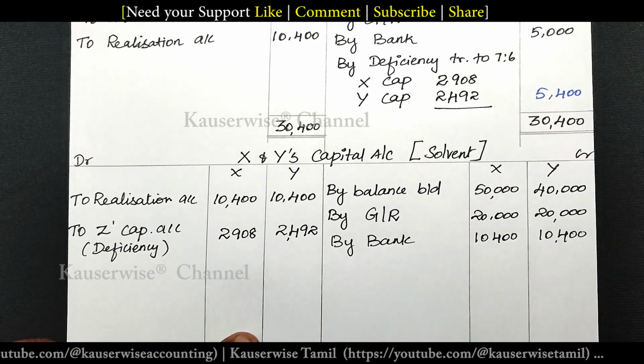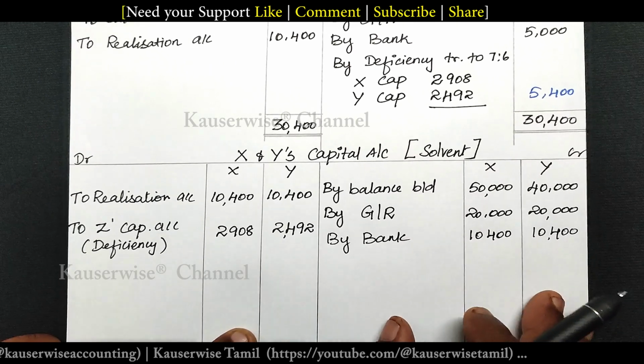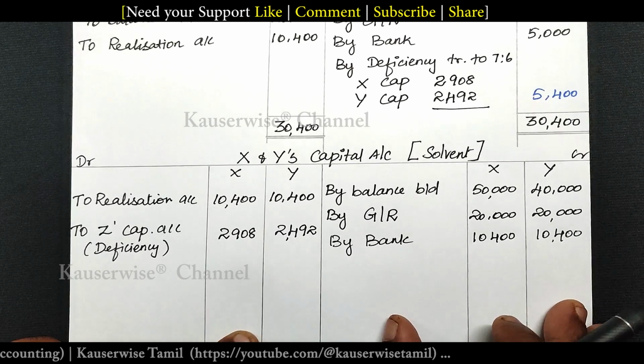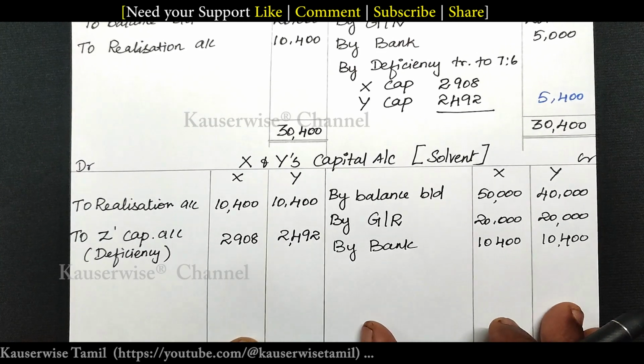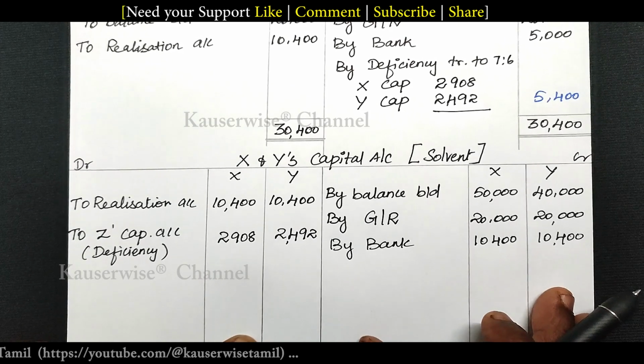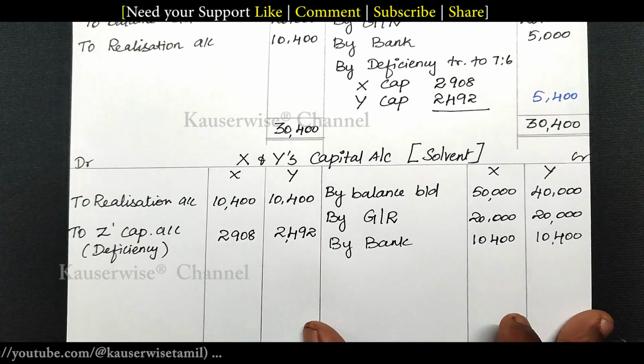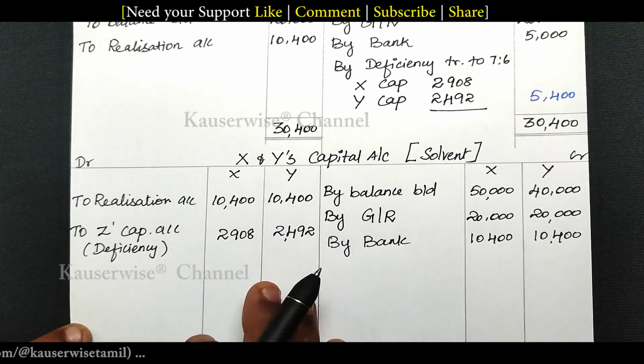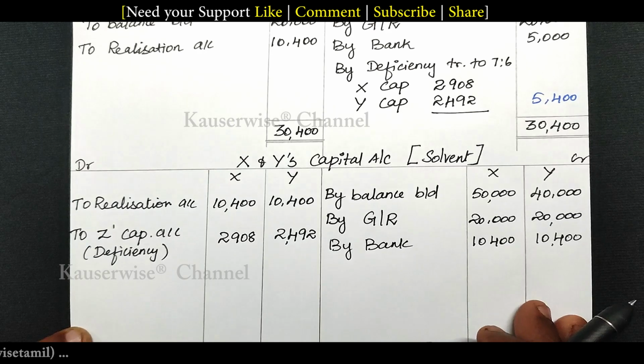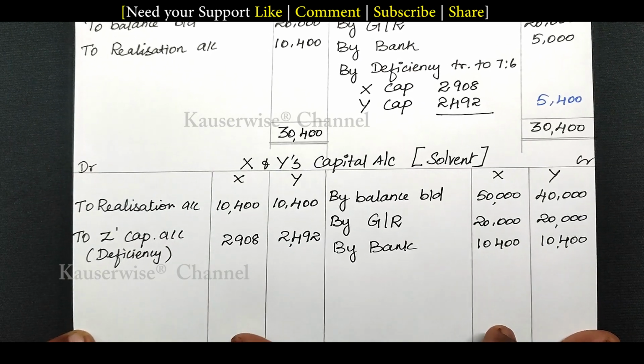If there is a balancing figure on the credit side, then that is the additional contribution made by the solvent partner. We'll see whether settlement is made to the partners or we are going to collect an amount from them. Okay, let's see the balancing figure.